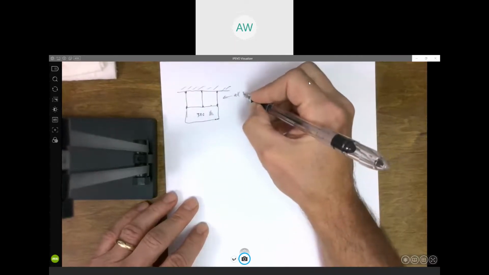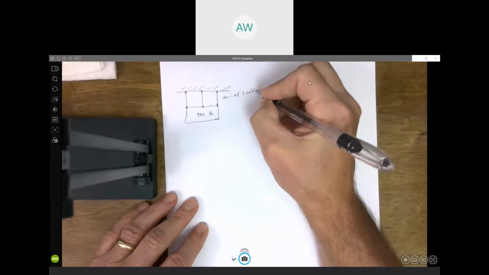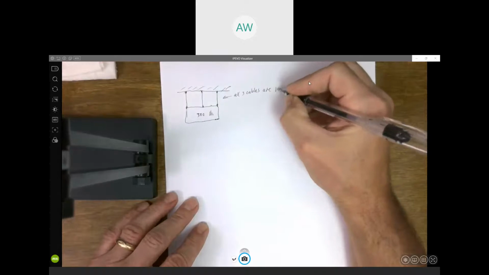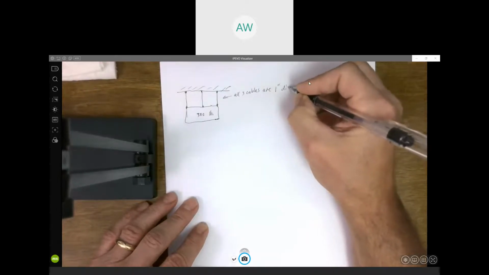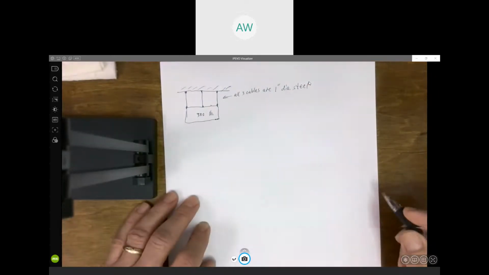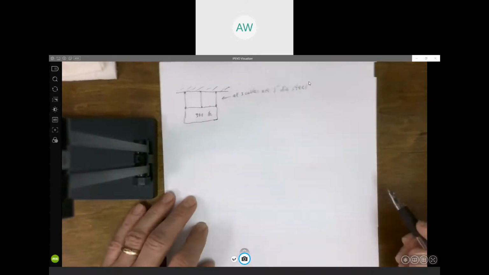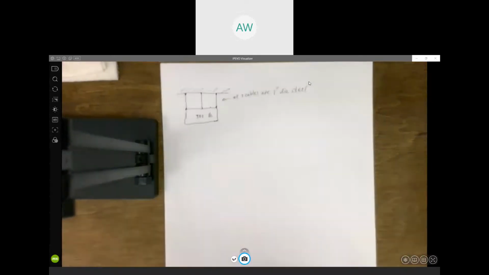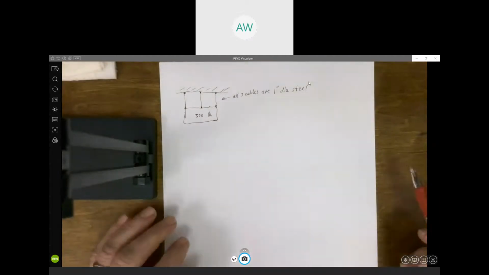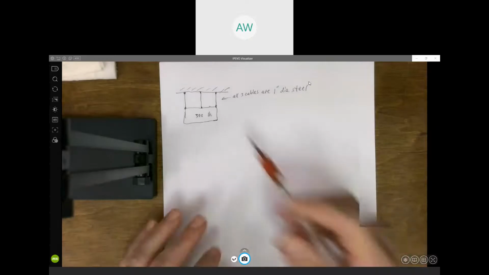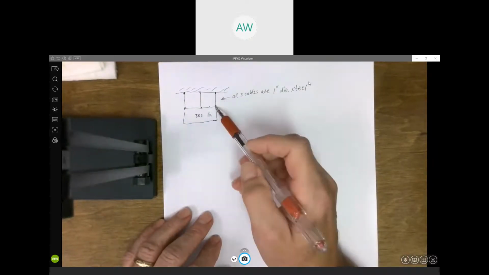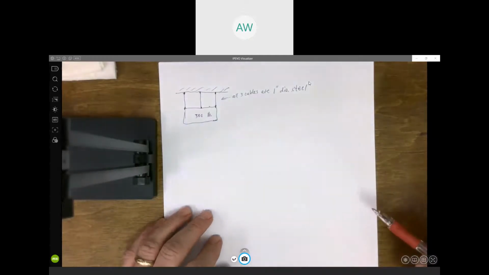All 3 cables are, let's say, 1 inch diameter steel. So I've got a 300-pound block, and this thing's being held up with 3 cables. They're all identical, and the location also is symmetric. I've got 1 cable at each end, 1 right in the middle.